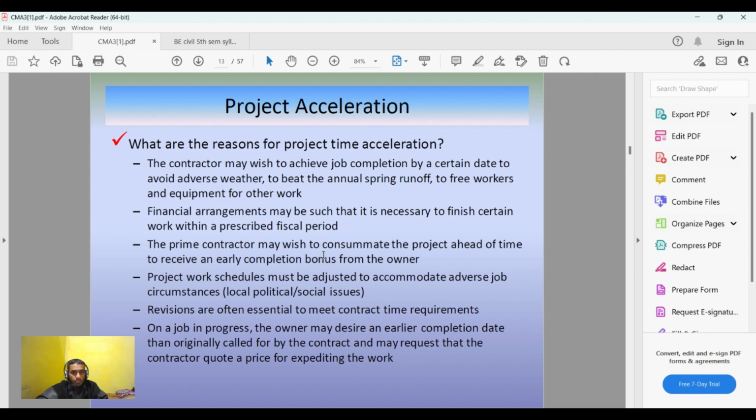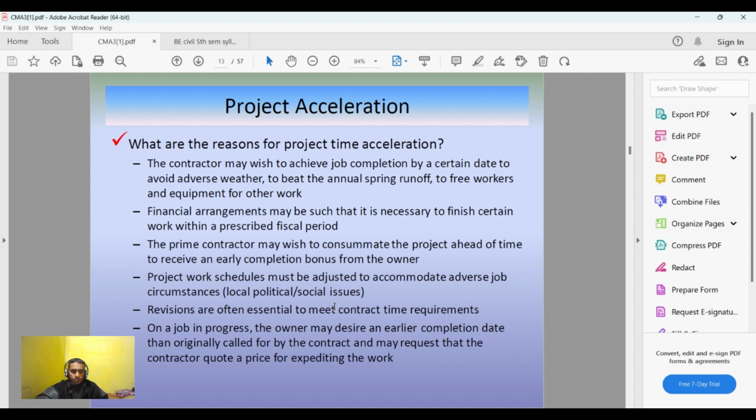And also financial arrangements could be such that it becomes very imperative and compulsory for the contractor to finish the work within the prescribed time period. And the contractor also may like to complete the project early, so that he can get some sort of award or a bonus from the owner, okay.